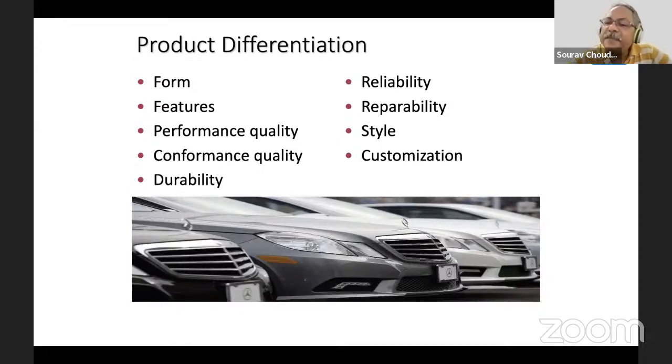Suppose we are buying a TV. Performance quality of a Samsung TV and performance quality of a Vivo TV is possibly not the same. So that's performance quality. Now, conformance quality is, this is a 4K TV. Customers' expectation is 4K. You are providing a TV of 4K.